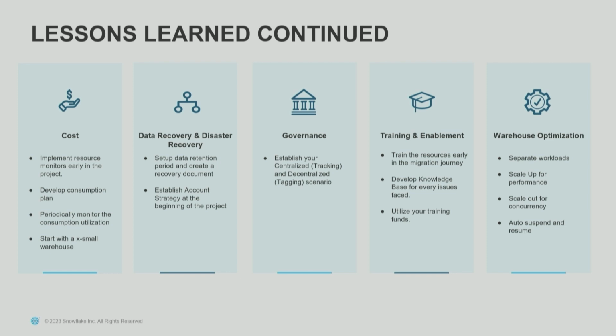Going into warehouse optimization, I think you might have already attended a few optimization sessions, but we recommend you separate out the workloads. Make sure you assign the right warehouse strategy for your workloads. Then auto suspend. This is where a lot of customers miss out.